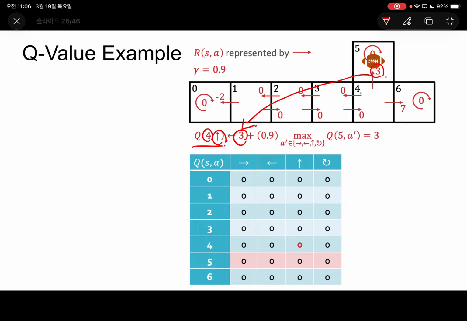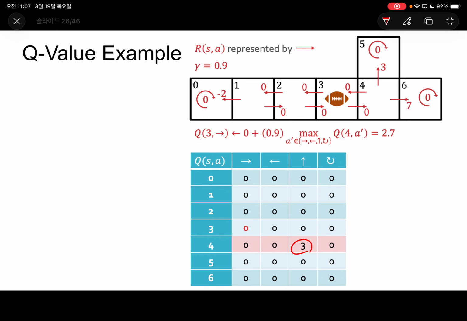And then from state 5, among the possible available actions that we can take, what is the optimal action that can maximize Q function? But unfortunately, all the numbers are 0, right? Regardless of the action that you take, it always gives us 0. So 3 plus 0 gives us 3, right? And then we update the 0 to 3, right?